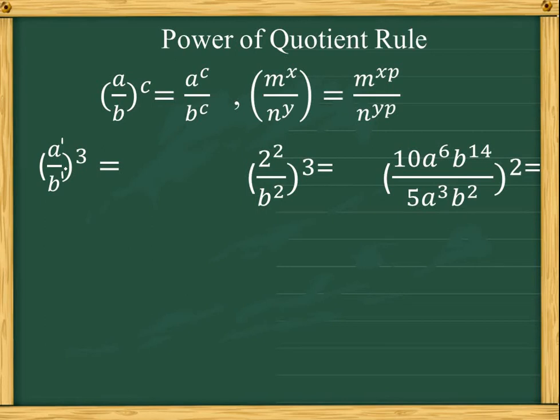Since here nothing is written, its exponent is 1. A raised to 1 times 3 all over b raised to 1 times 3. Can we divide this? Of course not, because they have different bases.